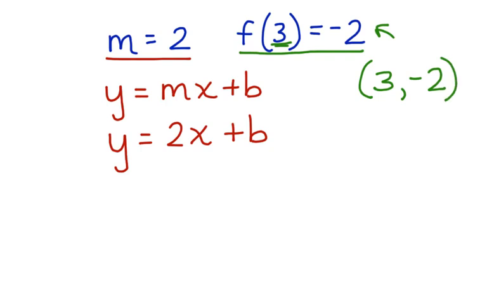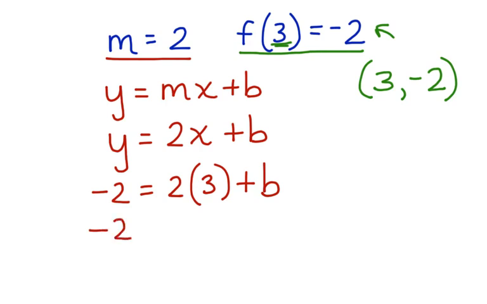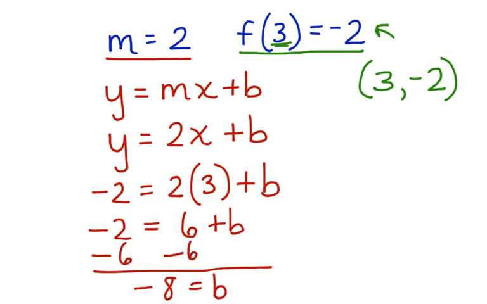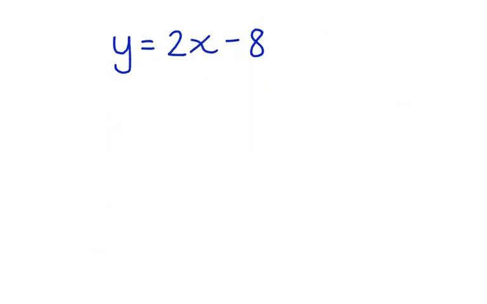If we substitute those into the equation, we can solve for b. We have negative 2 is equal to 6 plus b. Now let's solve for b. Negative 8 is equal to b. Now we can finally write the equation. Y is equal to 2x minus 8. Our work is complete.